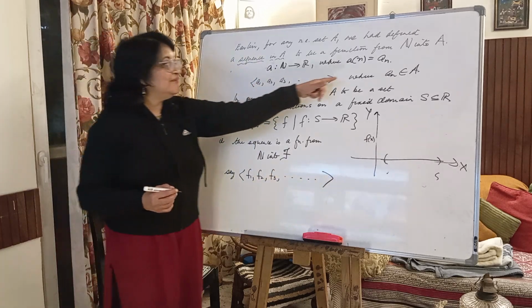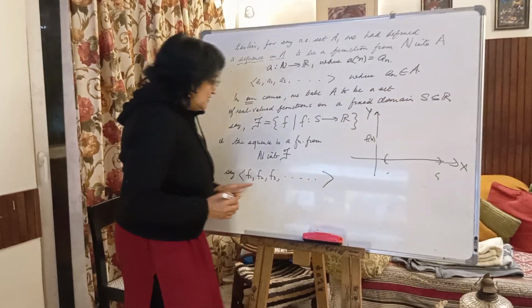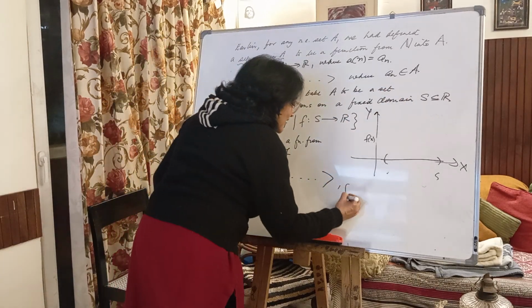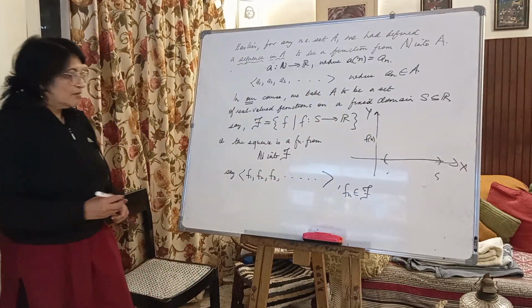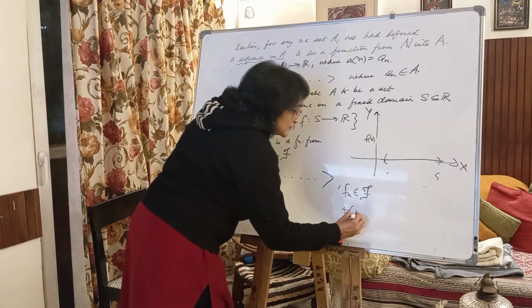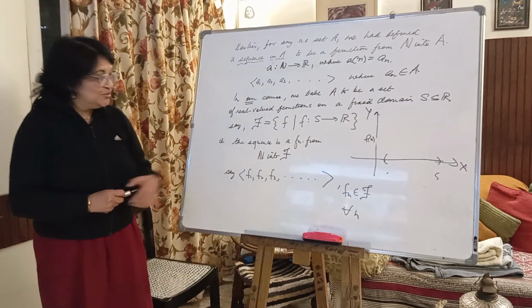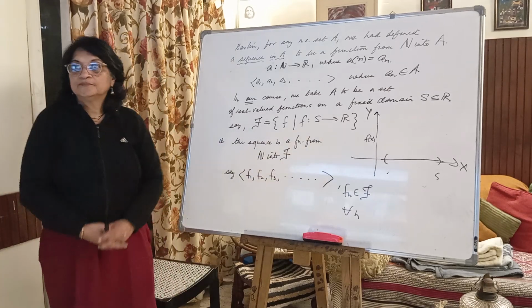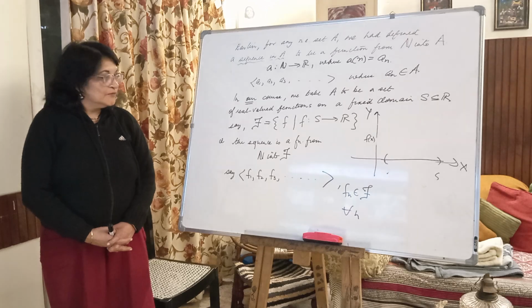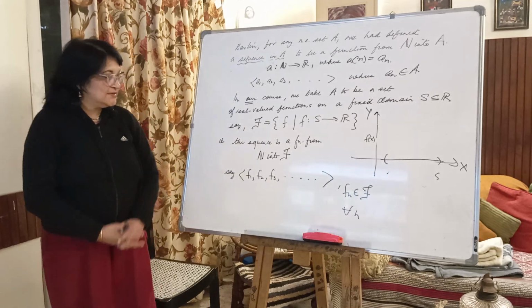Instead of a1, a2, a3 where these a_n's are real numbers, it's f1, f2, f3 where these f_i's or f_n's are elements of F. We choose some particular function, first function, second function, third function, dot dot dot. So this is a sequence of functions.